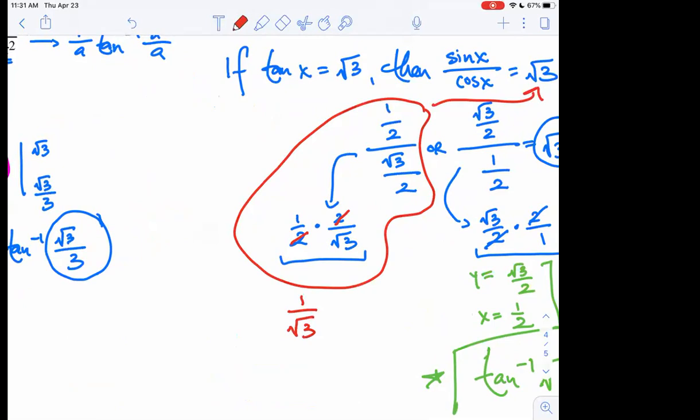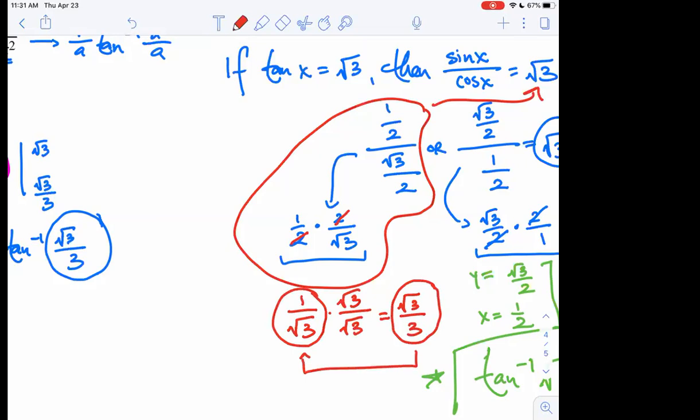Okay, but once upon a time, you probably had an instructor who was like, no radicals on the bottom. And so you were like, okay, well, if I want to get rid of that, then I can rationalize it. And that would give me root 3 over 3. So 1 over root 3 is the same as root 3 over 3.